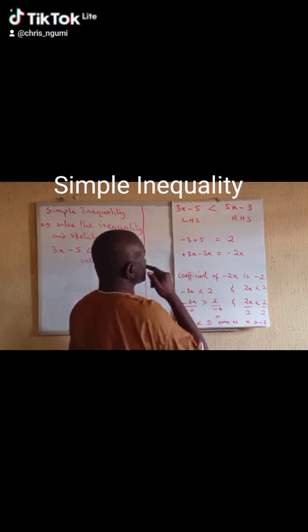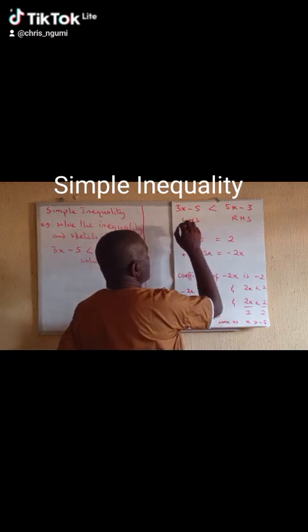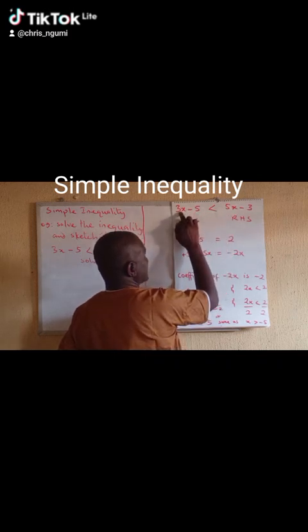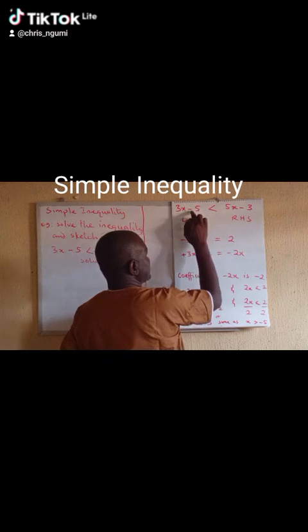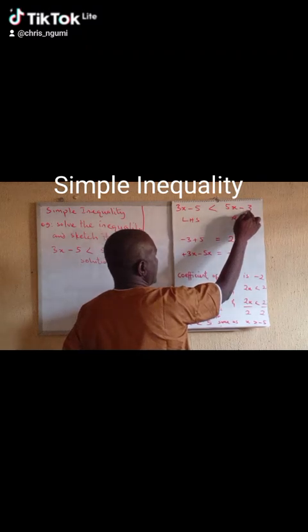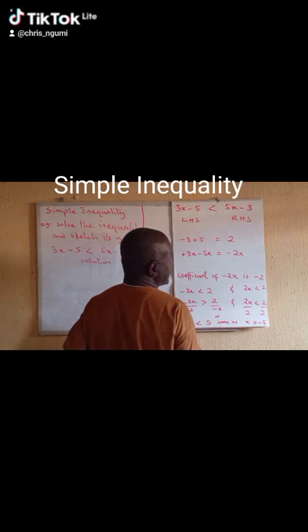That means for us to collect like terms, this 5x will leave the right hand side and come and meet its like here on the left hand side. Likewise, minus 5 will also leave the left hand side and come and meet its like term here, which is on the right hand side.